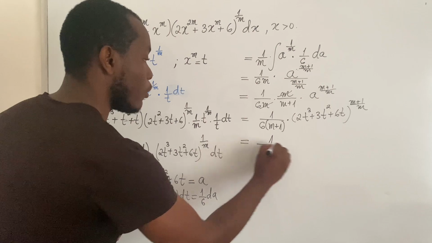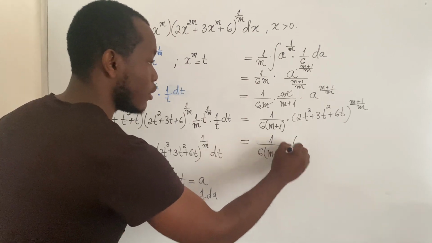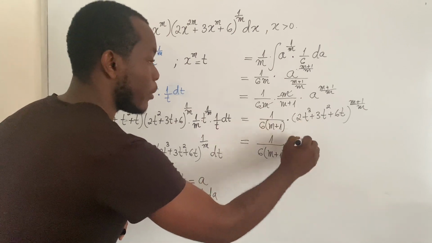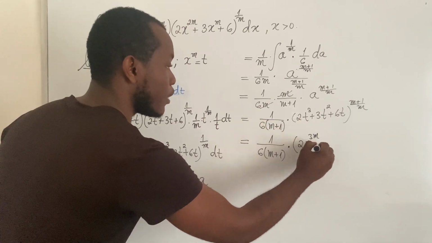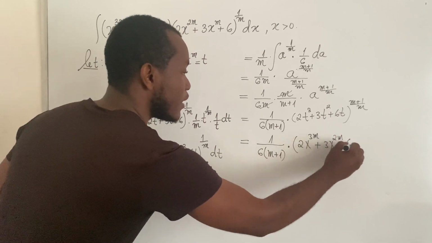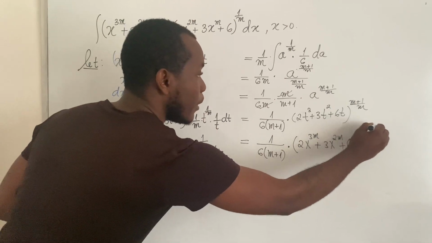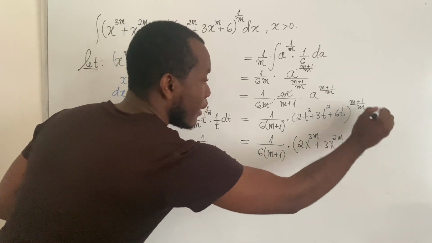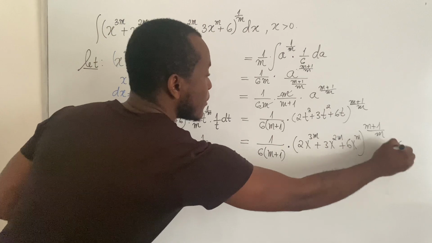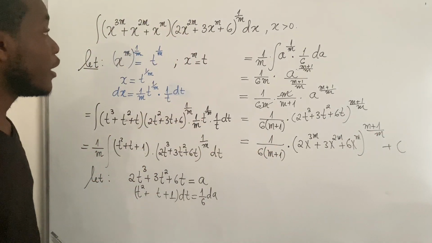So it's going to be 1 over 6 times m plus 1 in the denominator, times 2x to the power 3m plus 3x to the power 2m plus 6x to the power m, all to the power m plus 1 over m, plus c. So that is the solution of this given integral.